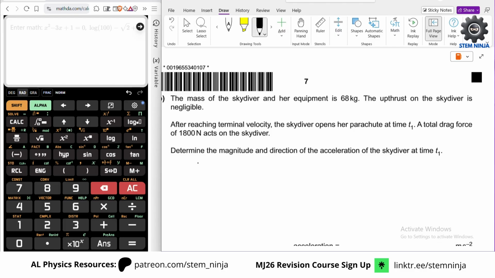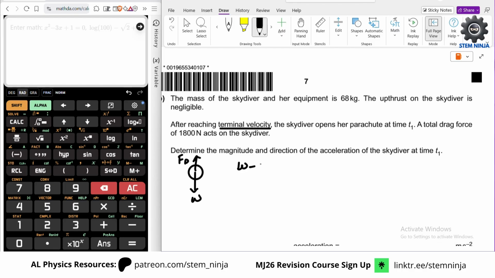Okay, so it is already at terminal velocity. So weight acting downwards, the drag force Fd, let's call it, acts upwards.